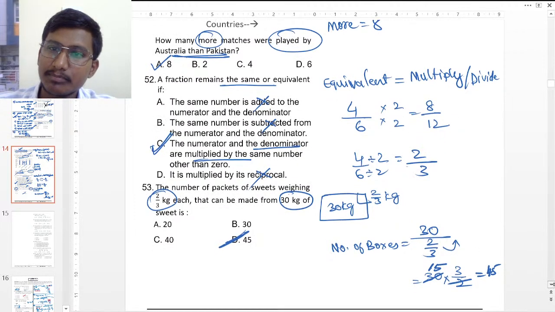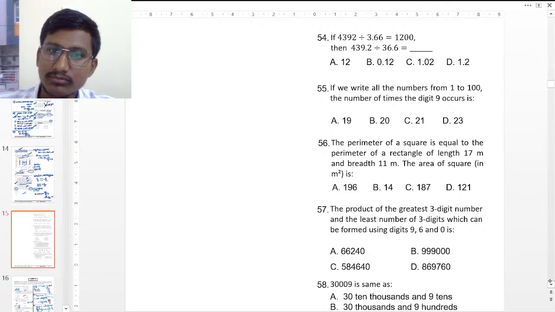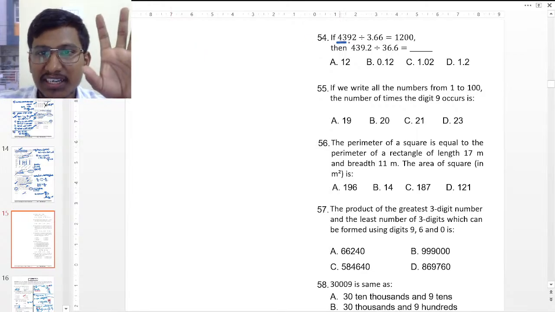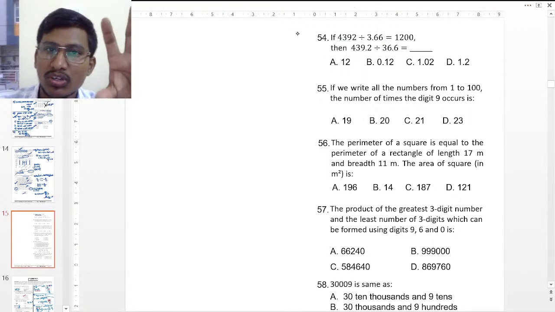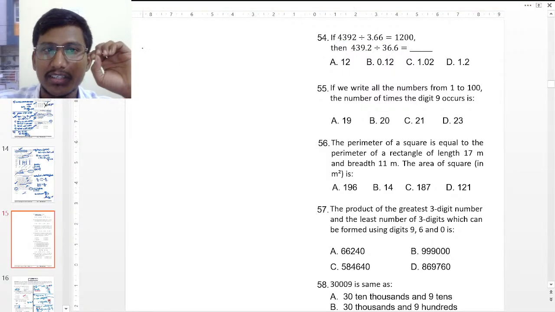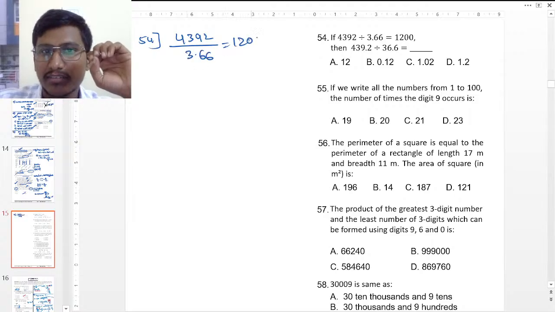That is question 54. 4392 divided by 3.66 is equal to 1200, right? So 4392 divided by 3.66 is equal to 1200.